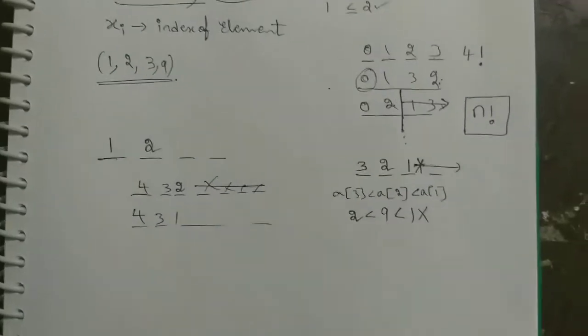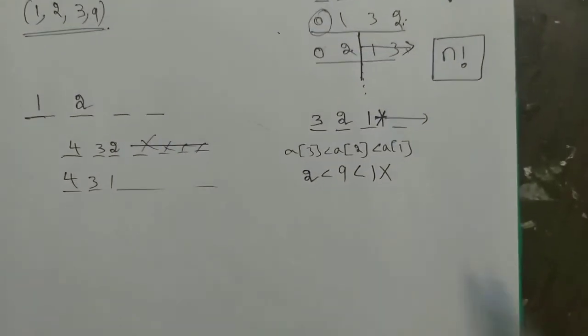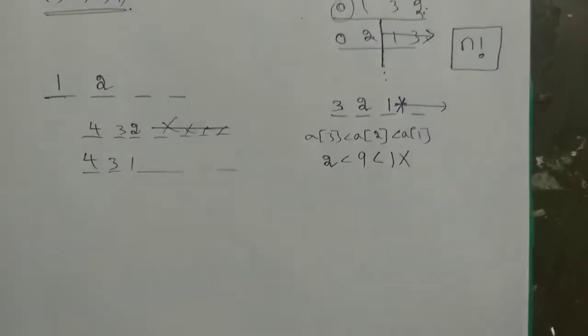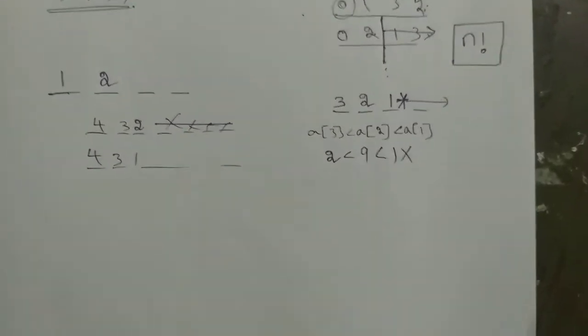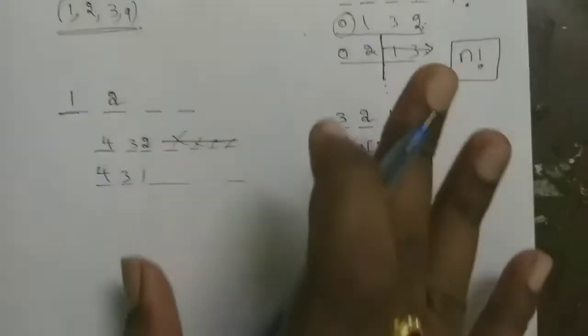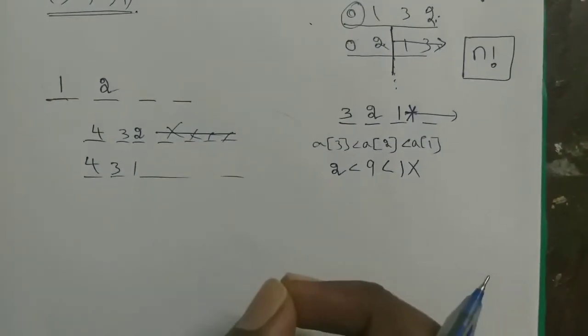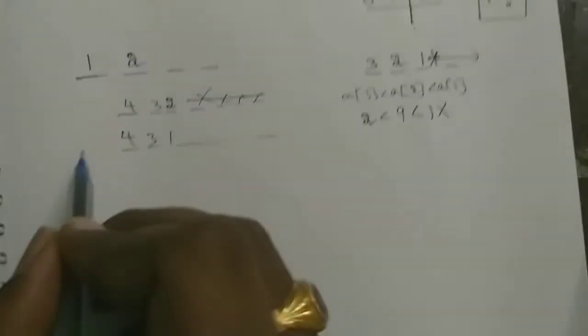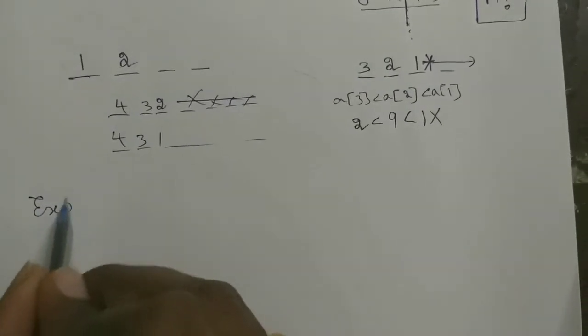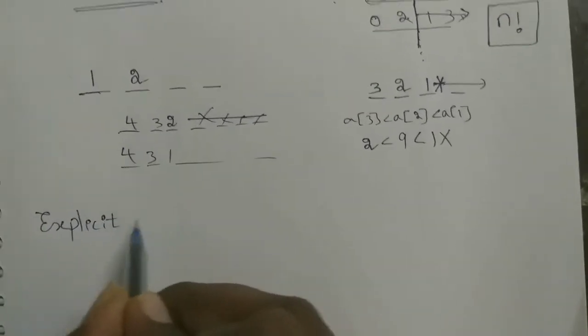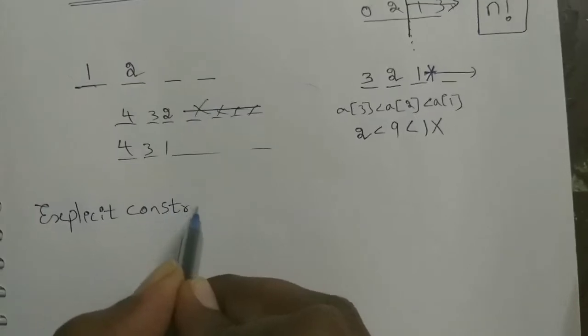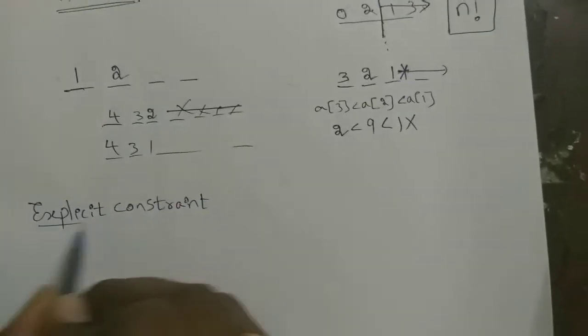Also, in many problems we solve using backtracking, the solutions must satisfy a set of constraints, like explicit and implicit constraints. What is meant by an explicit constraint? It is simple. It is already explained above.